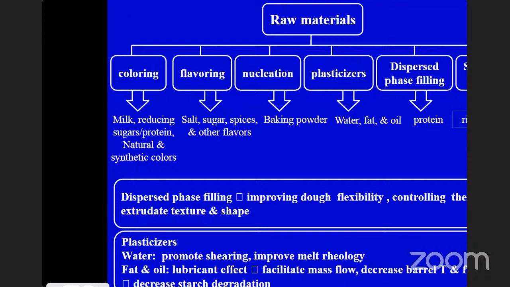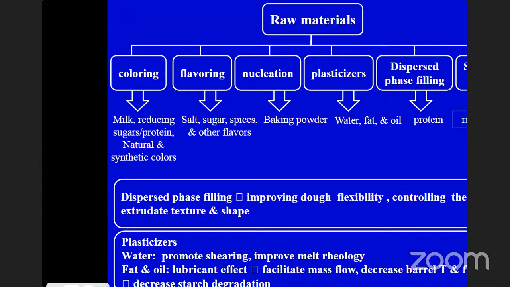And also can reduce the degradation of starch, decreasing the barrel temperature and friction. Improve the melt rheology and also improve the quality and the nutritive value of the end product. And it can also reduce the residence time in the extruder.